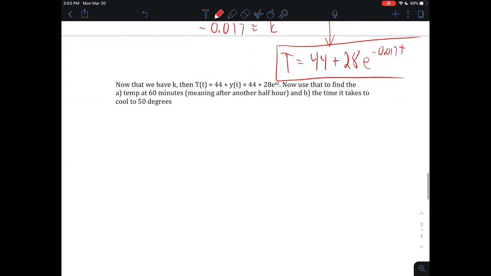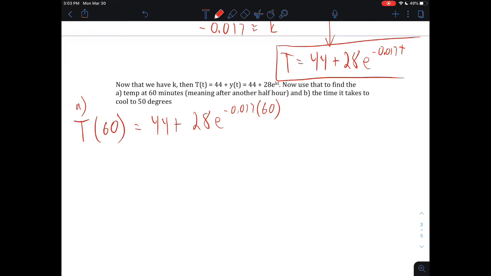Part A, what is the temperature at 60 minutes? This just means capital T of 60. And that would just be 44 plus 28 e to the negative 0.017 times 60.